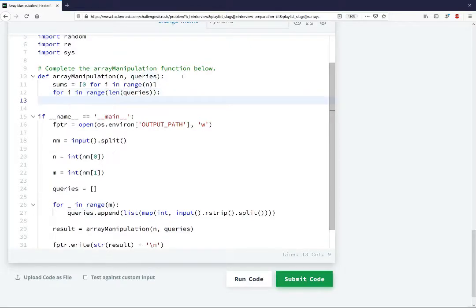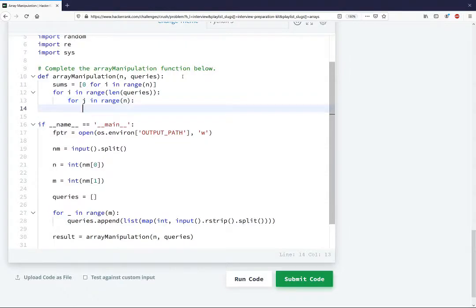So then for each instruction, for i in range the length of queries, basically we're going through each of the triples. So for each triple, we have to go through all of the indices in sums, and if this index is in the specific range, then we need to increase it.